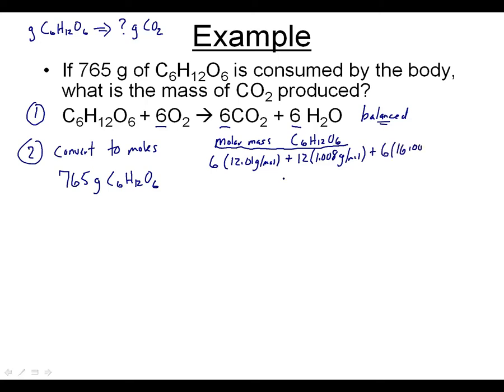And we just want to add up all those numbers, and that will give us the molar mass of this compound here. So that's 6 times 12.01 plus 12 times 1.008 plus 6 times 16 gets us 180.2 grams per mole.